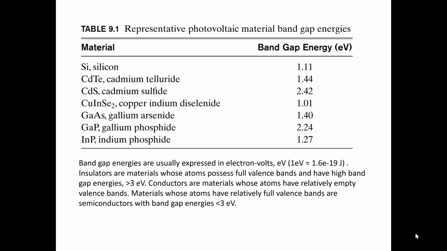Insulators, for example, are materials whose atoms possess full valence bands and have high band gap energies. Conductors are materials whose atoms have relatively empty valence bands. Materials whose atoms have relatively full valence bands are semiconductors, and those have band gap energies less than 3 electron volts.